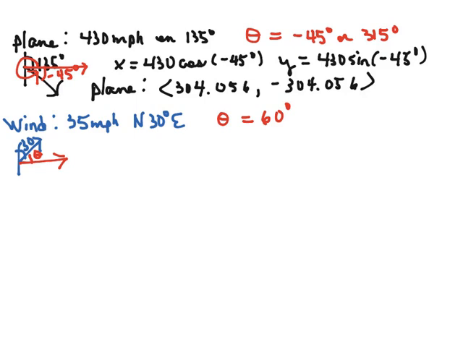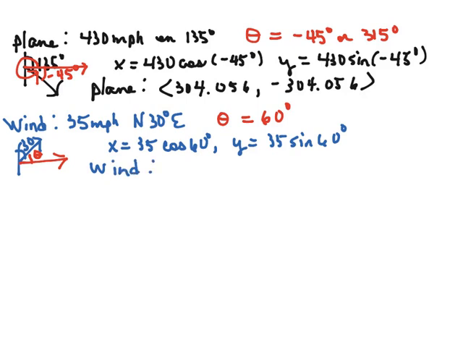And so to find our wind in component form, x would be equal to 35 times the cosine of 60, and y would be equal to 35 times the sine of 60. So our wind, written as a vector in component form, is 17.5, 30.311.